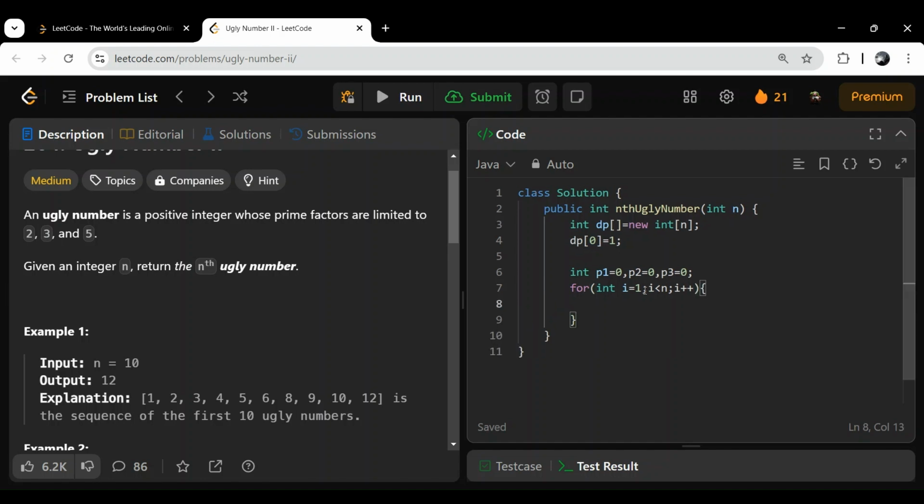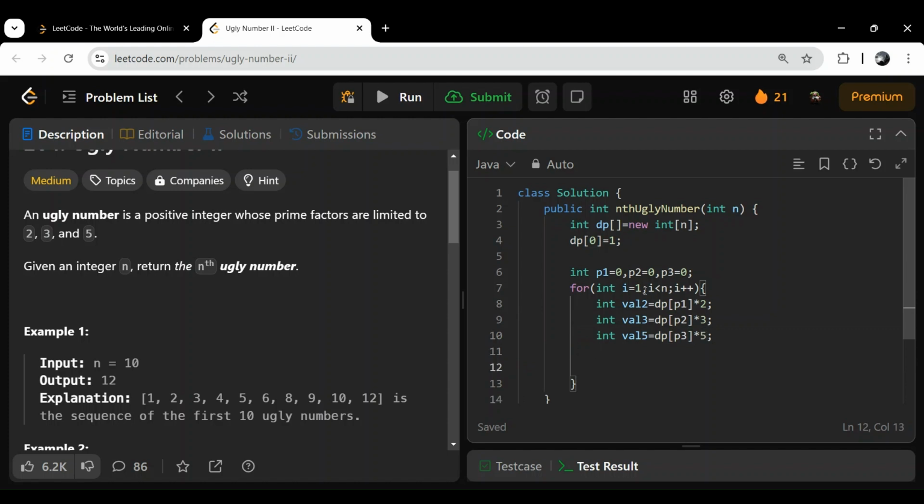Now int val2, that means we are multiplying with 2, so dp of p1 into 2, then int val3 is equal to dp of p2 into 3, then int val5 is dp of p3 into 5.